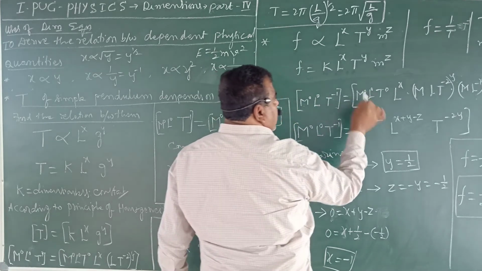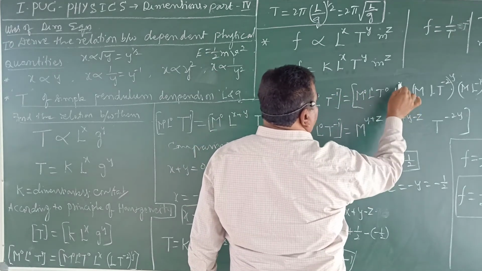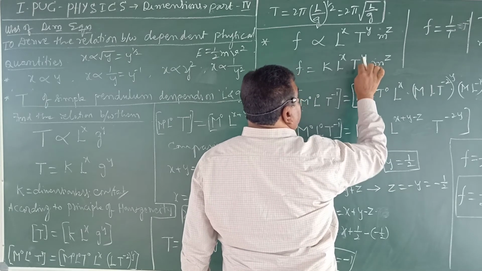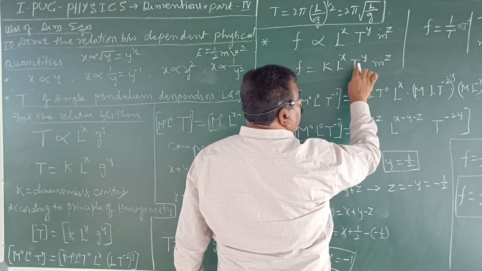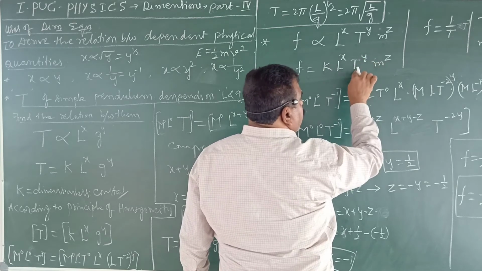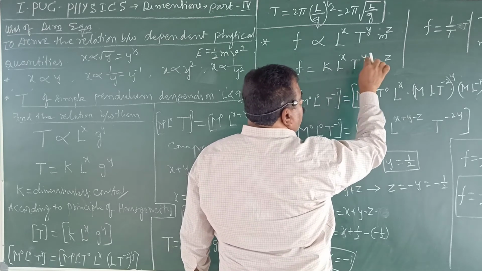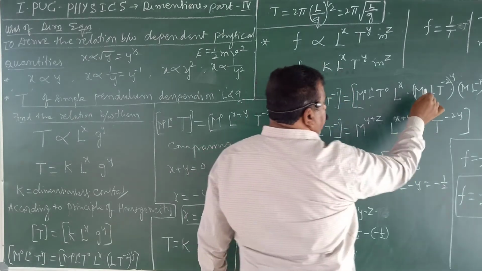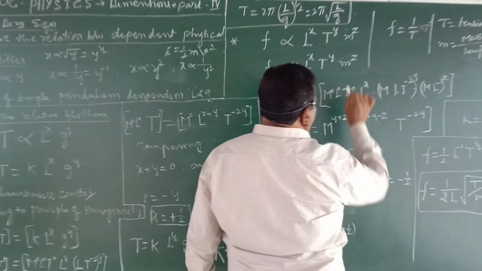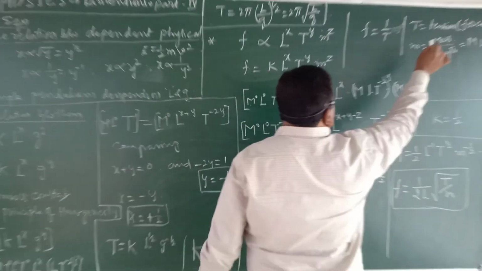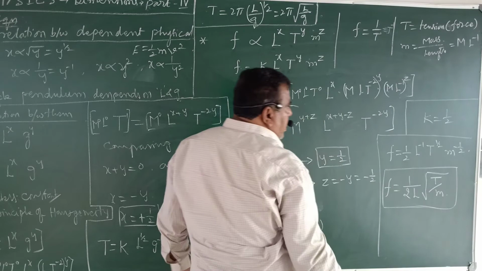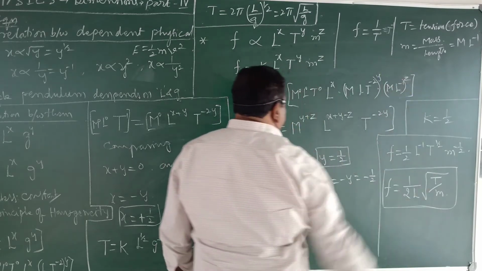K is dimensionless. Length is L^x. Tension, T means tension, it is not time here. Tension means force, force means mass into acceleration, that is MLT^-2, raised to power y. Small m means mass by length, therefore ML^-1 raised to power z.